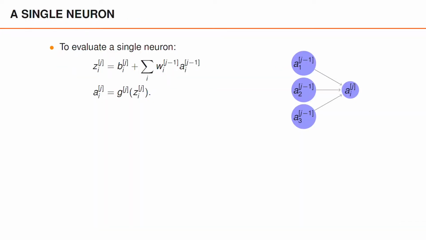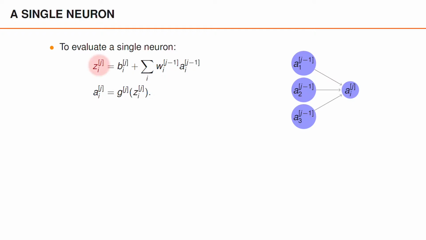We usually refer to the value of a single neuron as the activation, which is also why we are using the letter a to denote it. To compute the activation of a single neuron, we first compute a variable z, which is an affine function of the activations in the previous layer.